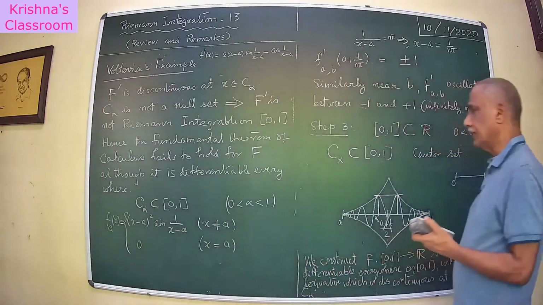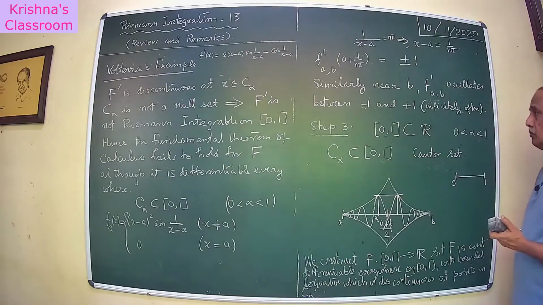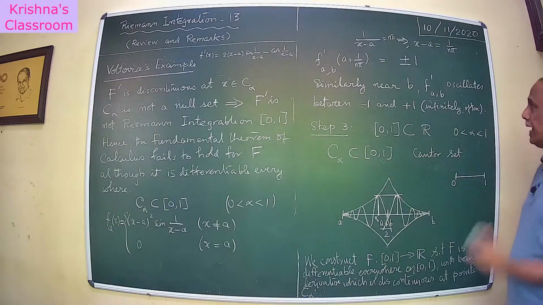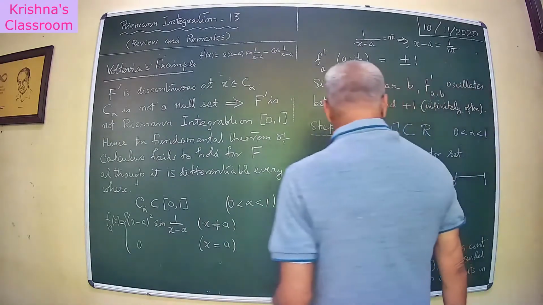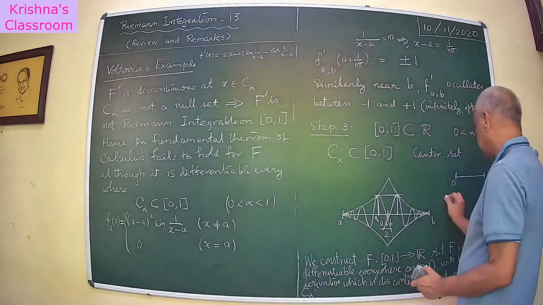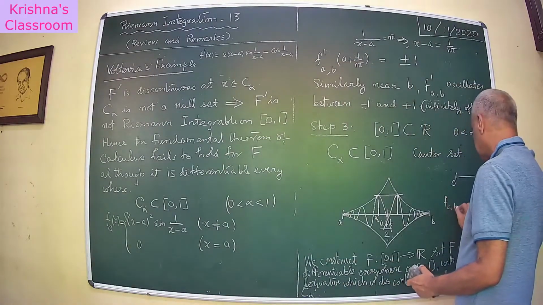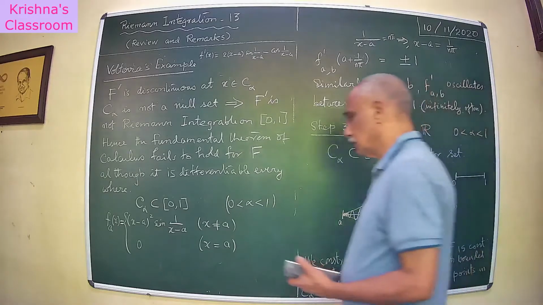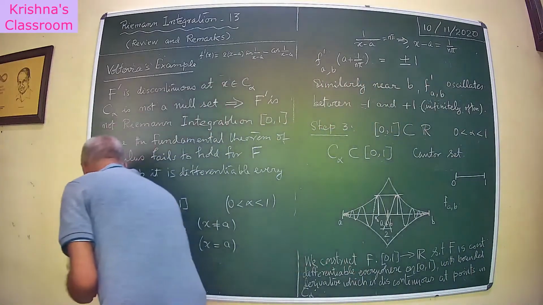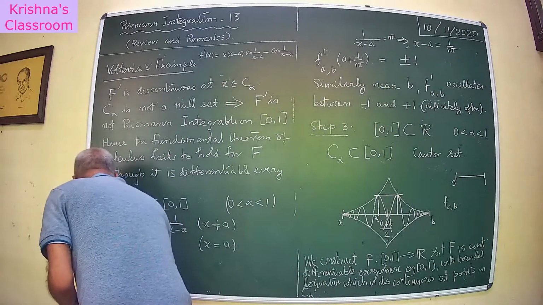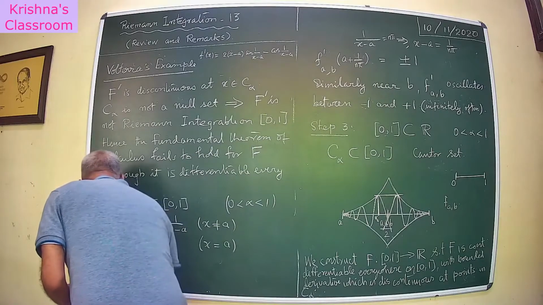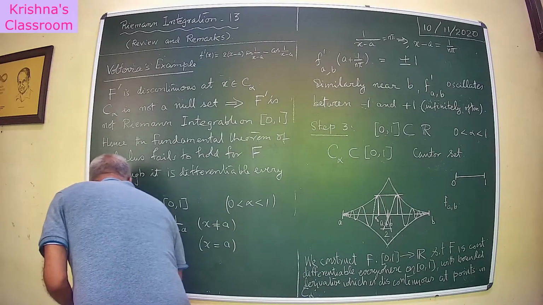From this function, we constructed FAB. This is the graph of FAB. So we constructed FAB on the interval AB.